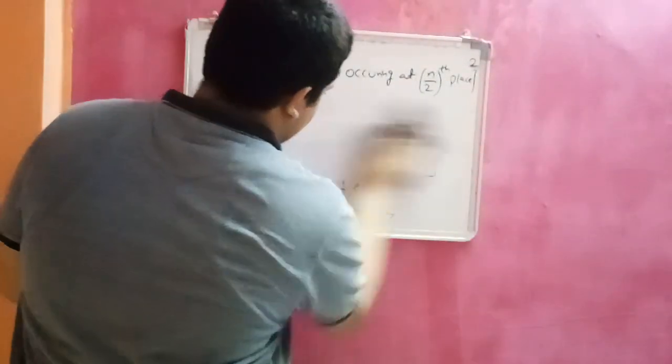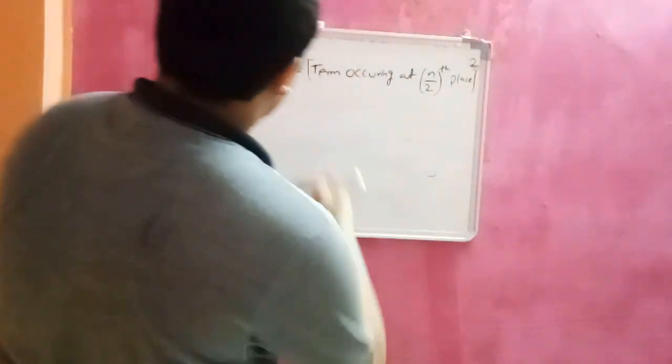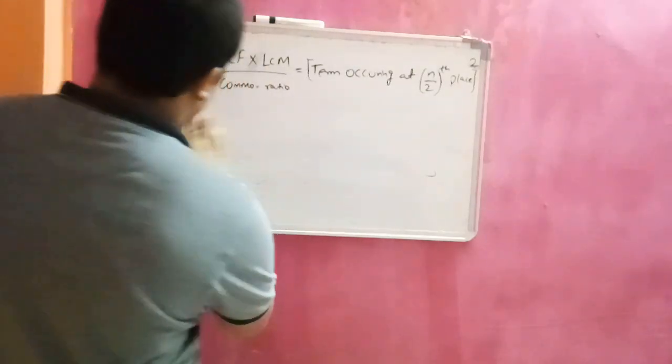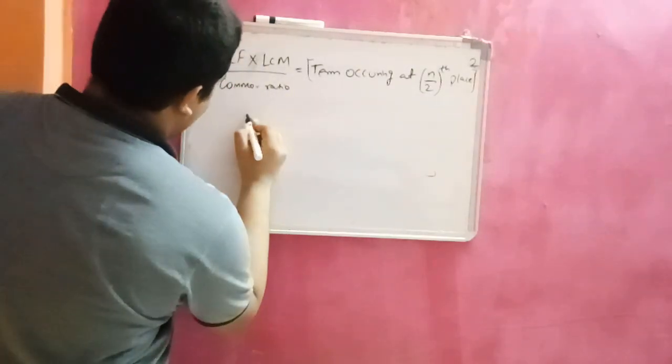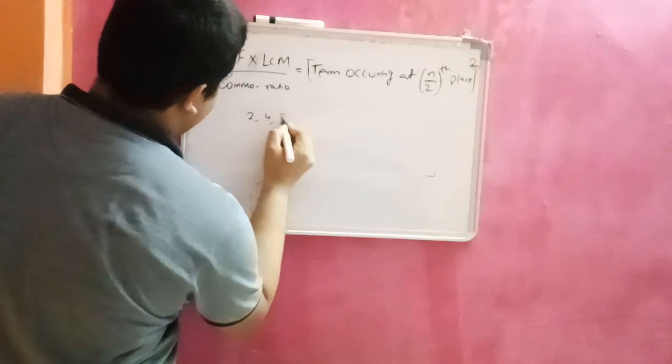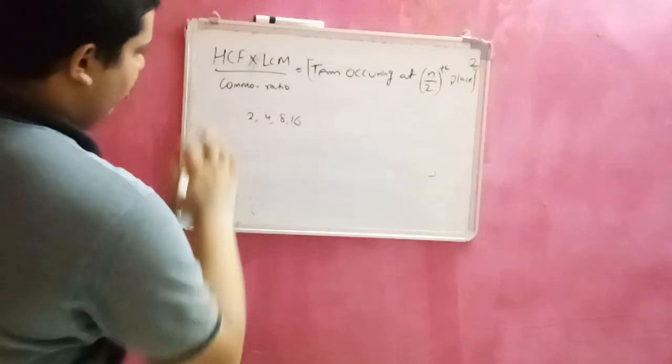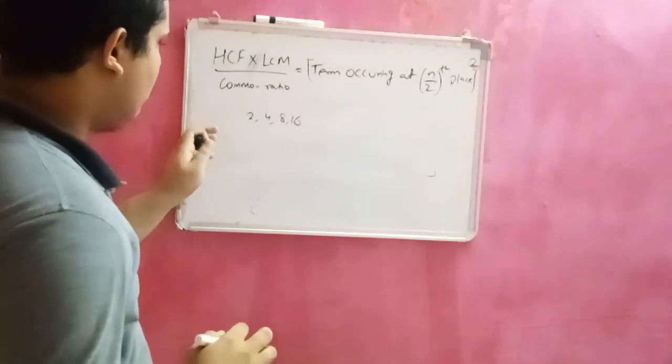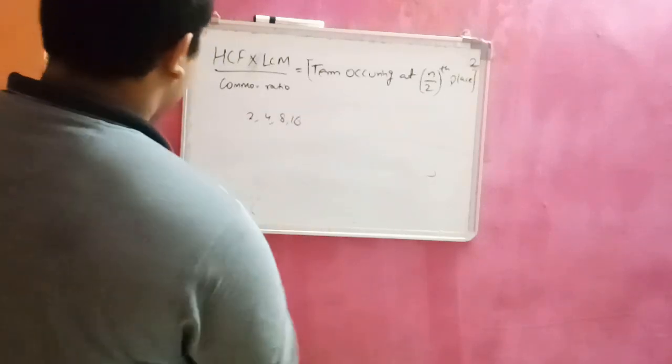For example, this is my first relation. If we take a geometric progression, for example 2, 4, 8, 16, it is a geometric progression having natural numbers in increasing order.